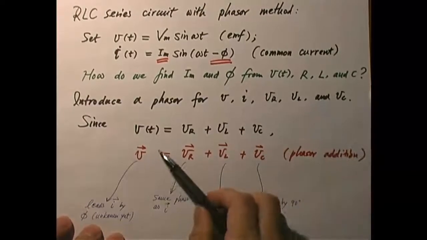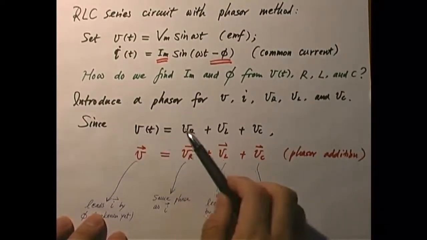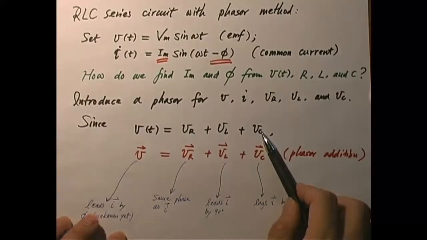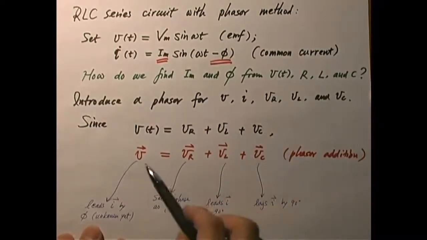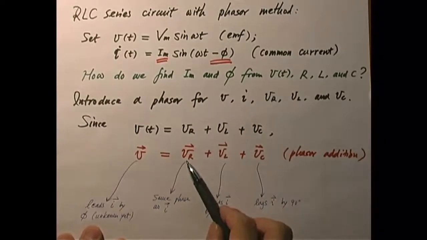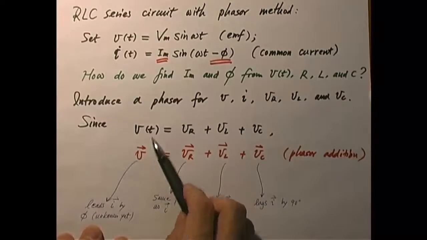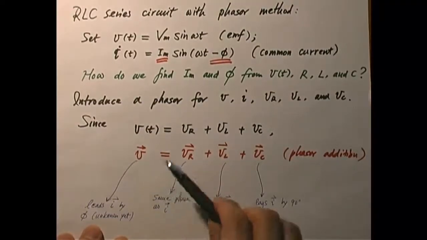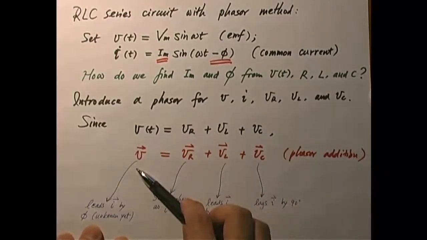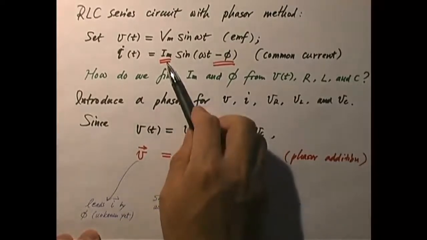Since by Kirchhoff's rule the voltage across the EMF equals the sum of these three voltages, then instead of dealing with these sine functions directly, I am going to add the phasors representing VR, VL, and VC. That should be equal to the phasor corresponding to V. Once I write this expression, I'll be able to graphically obtain the magnitude of the current and the phase angle.